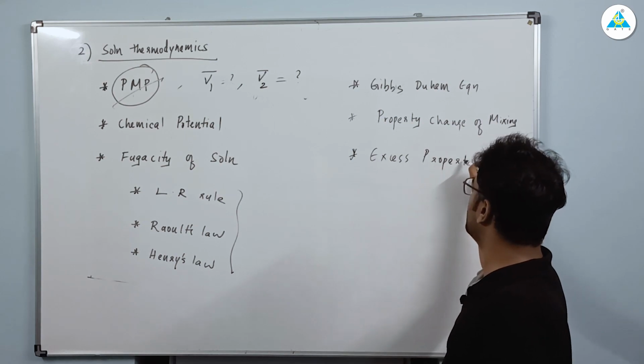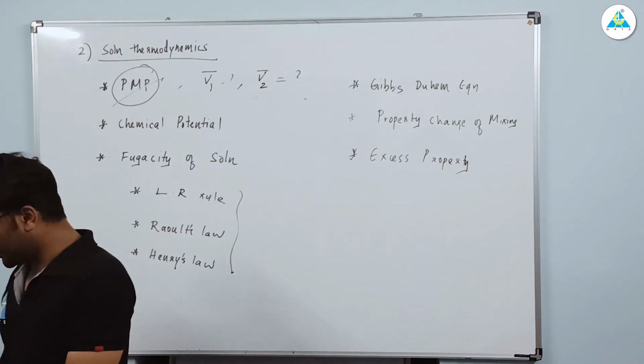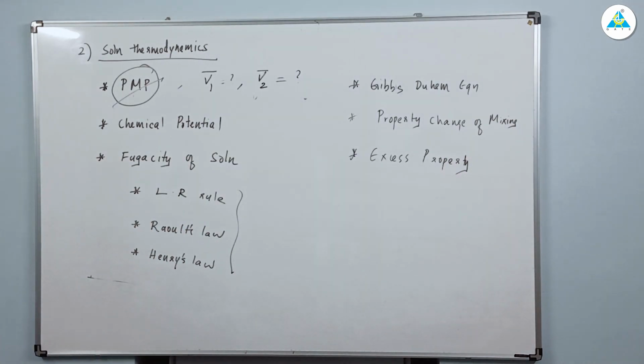So you can, if you want, write these things, so these are the topics we have: excess property, property change of mixing and Gibbs-Duhem equation. So these are the topics mainly we discuss in this chapter.